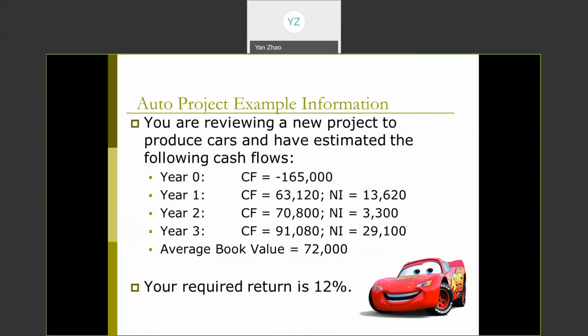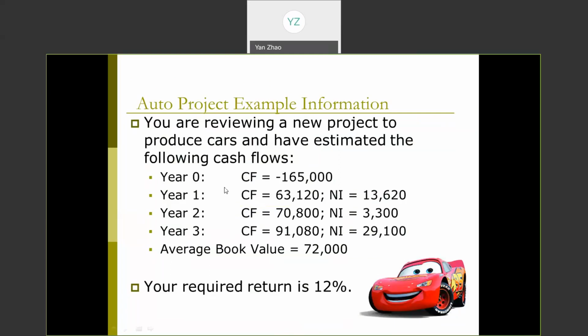Now we're moving to the second project, which is the new car manufacturing project, identified by the red car here. Whenever you see this picture, we're talking about the car project. Now you are reviewing a new project to produce cars, and you have estimated the following cash flows.